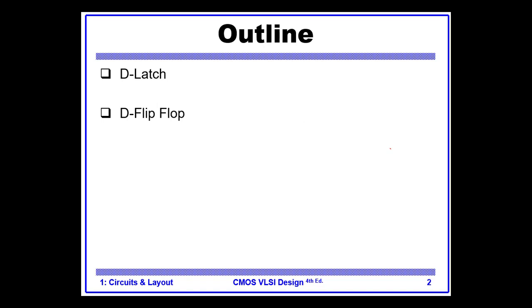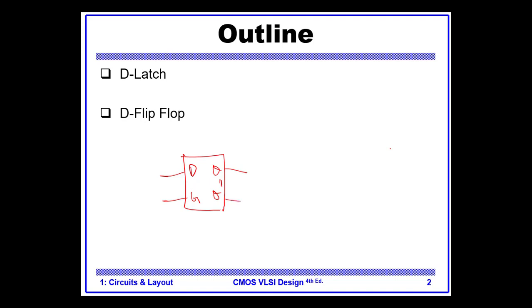Let me go back to here just to introduce them both. So D latch, you can say, is like a box which has D, Q, and sometimes this is called gate, and this is Q prime or Q bar.